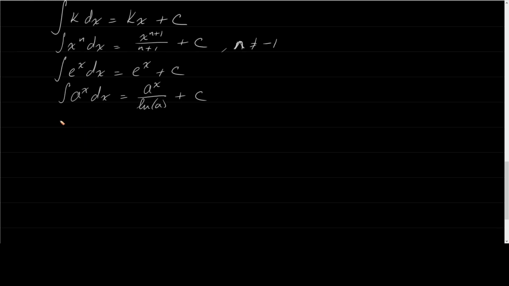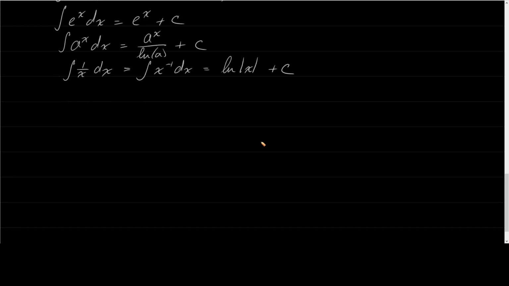The integral of 1 over x dx: notice here that 1 over x is the same thing as x to the negative 1. So the integral of 1 over x is ln of the absolute value of x plus c. And notice that I put the absolute value there. It is important to use the absolute value for that.